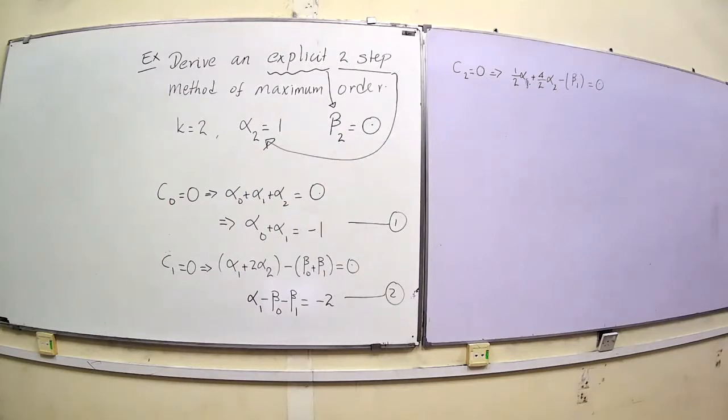So half of alpha 1 plus 2 squared over 2 times alpha 2, minus 0 times beta 0 plus 1 times beta 1 plus 2 times beta 2, but beta 2 is 0.